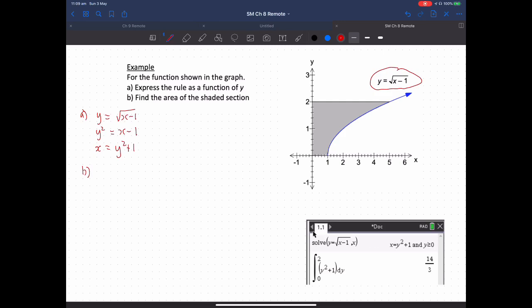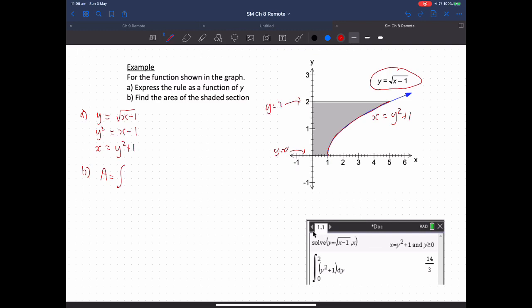Using a similar process, what we can now say is the area underneath the curve, the blue line, we have just worked out we can express as x equals y squared plus 1. So instead of our terminals being in terms of x, they're going to be in terms of y. So we have y equals 0 and y equals 2.